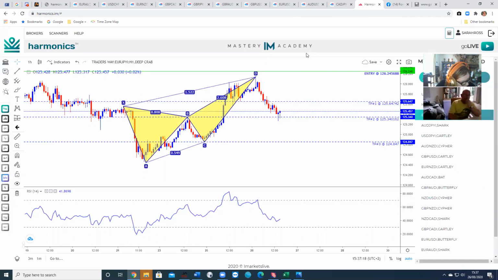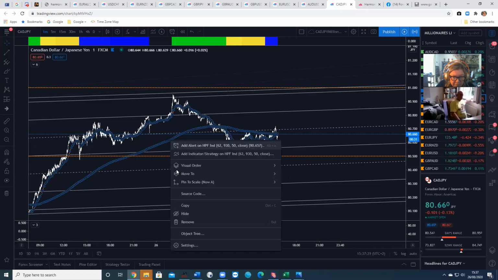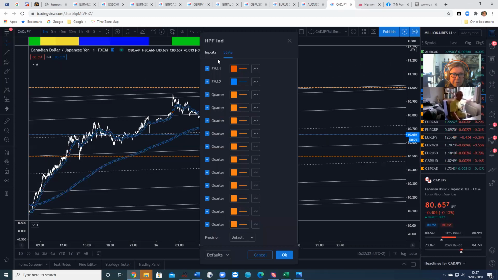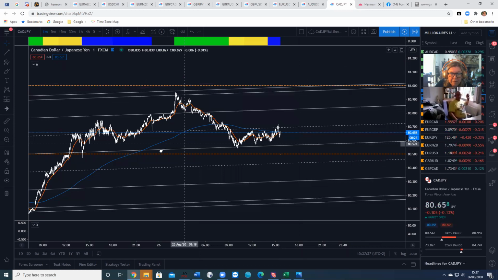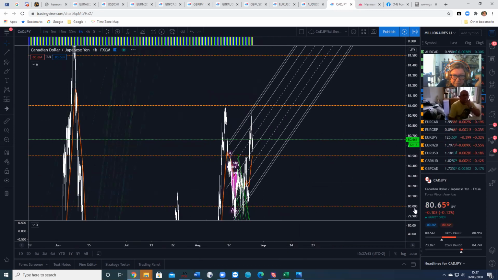EURGBP. CAD JPY. It's just crossing above the blue again. And our scan is this one.